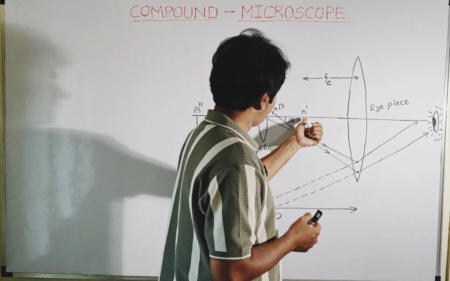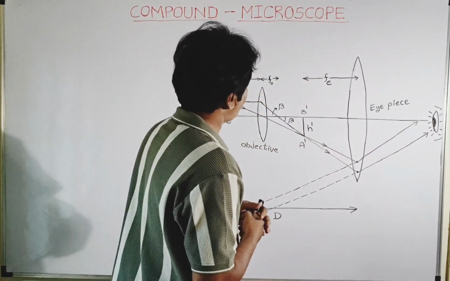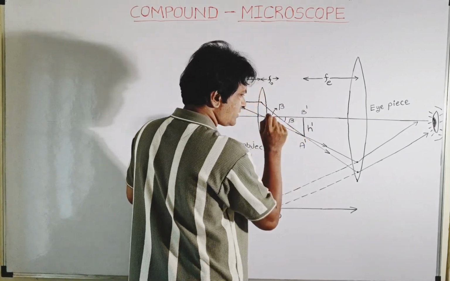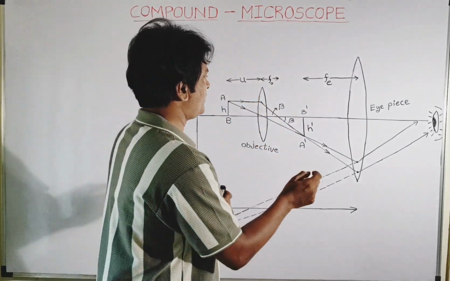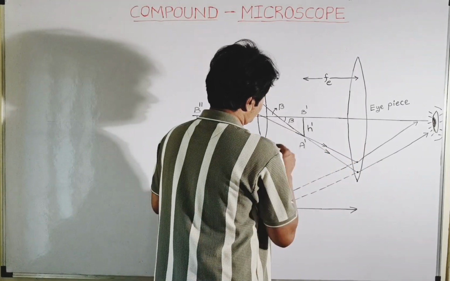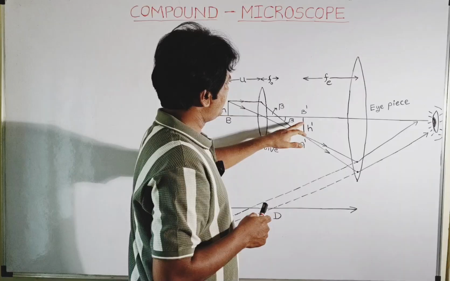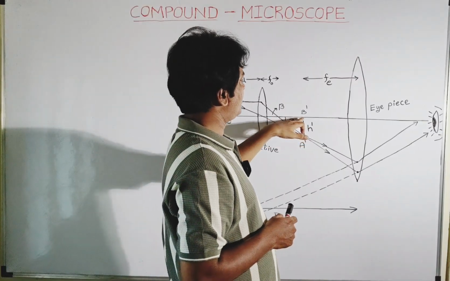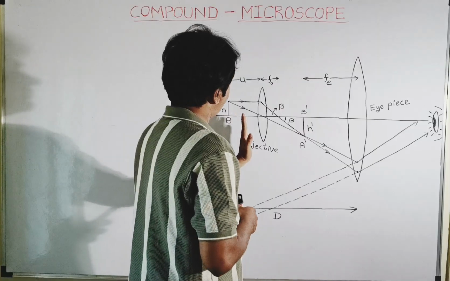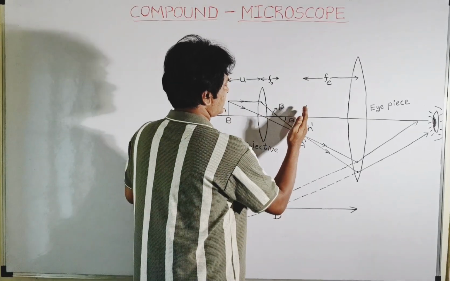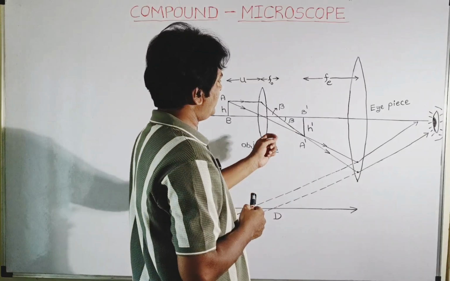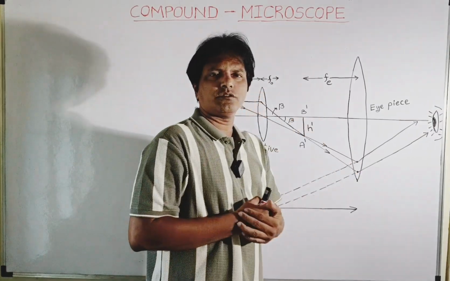The image is forming exactly on the focal plane, or just around the focal point, of this eyepiece. If you consider this point as the focus of this eyepiece, then the image formed by the objective is exactly on the focus, that means in the focal plane, or very near to the focus.